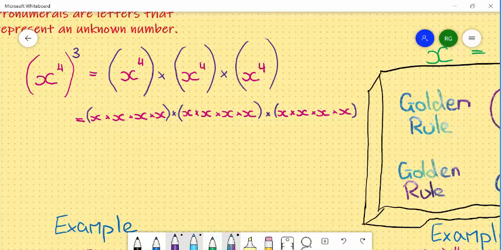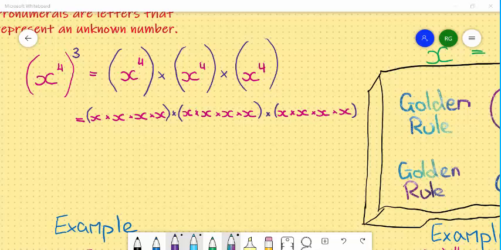If we were to expand each one of those brackets, each set of brackets there is x multiplied by x multiplied by x multiplied by x, which is what x to the power of 4 means. That's happening 3 times over, so that's how we get to the second line.